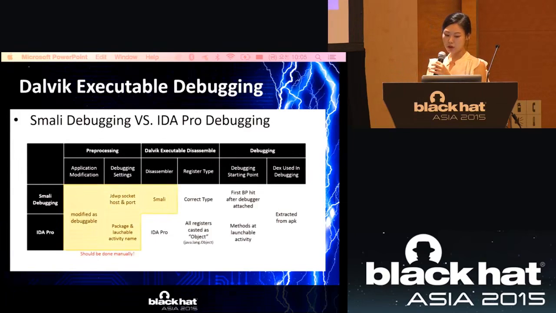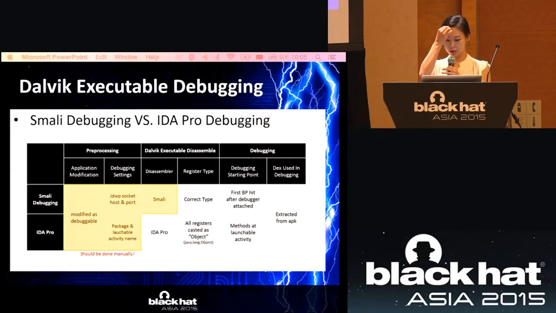So up to this part, analysts should do those steps manually, like converting the application to debug mode. To do that, they need to use APK tool to decode, build, and sign the application and install it, and they need to set the information for debugging settings, and they also need to disassemble text files.